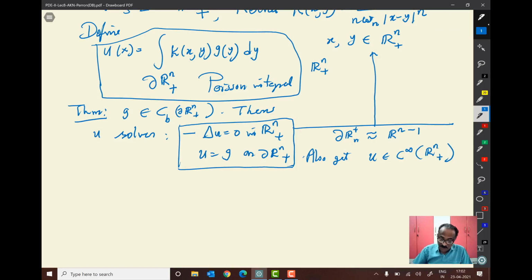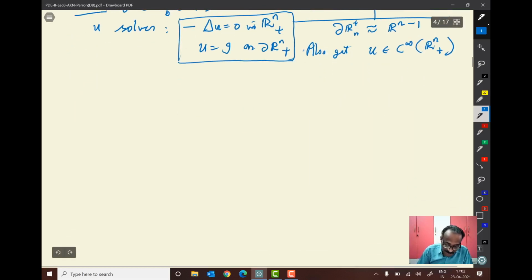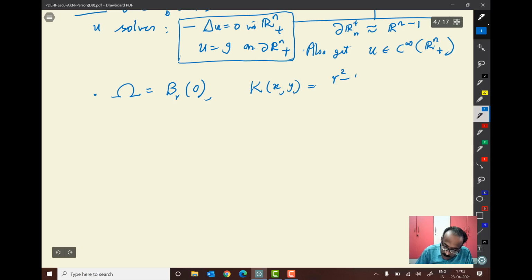But we are going to do it for a general domain omega. And the second case we have proved is when omega is a ball. Omega is equal to a ball of radius r. In this case, the kernel K(x,y) is defined to be r square minus mod x square by n omega n r, and then 1 by mod x minus y power n.